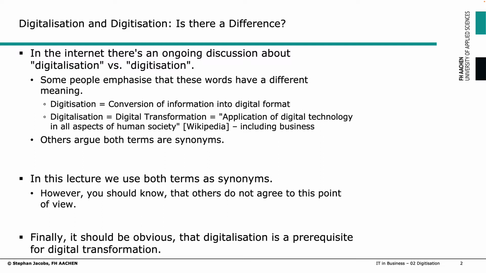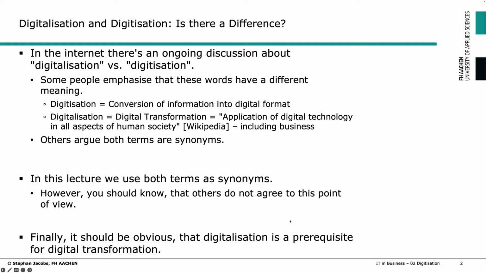Today, within this lecture, we are talking about digitization. That is, we are talking about how analog data can be represented in a digital way. We're talking about the digitization of characters, of numbers, of pictures, and of audio.